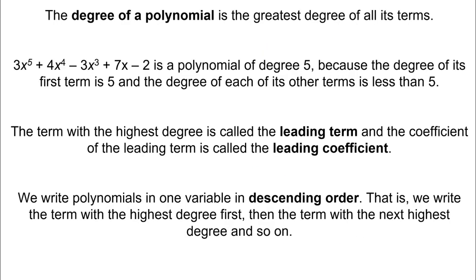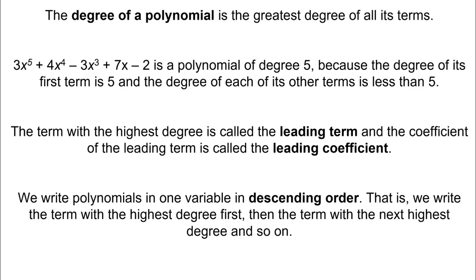So now that we know how to identify the degree of an algebraic term, let's talk about how to identify the degree of a polynomial. Well, the degree of a polynomial is just the greatest degree of all of its terms. In other words, identify the degree of all the terms in a polynomial, and then pick the term with the greatest degree, and that degree is the degree of the polynomial.